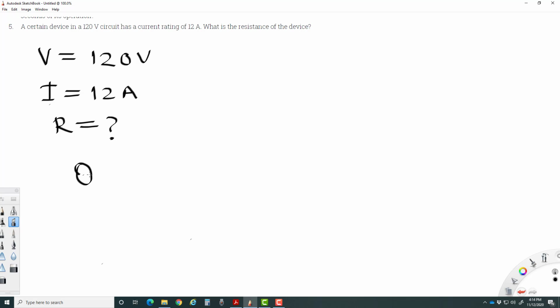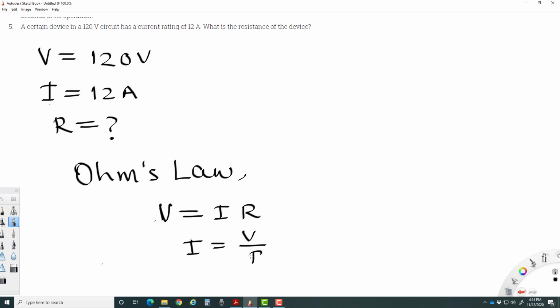We used Ohm's law last time. Ohm's law tells us V is I times R. We want to find R, so we can rearrange this as R is equal to V over I. V is 120 volts, I is 12 amperes.